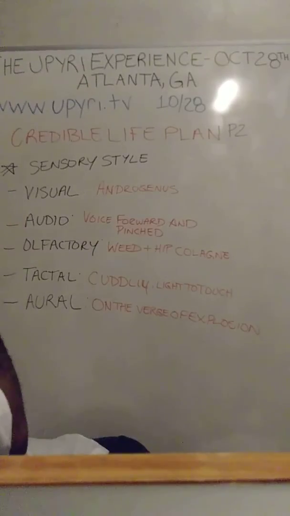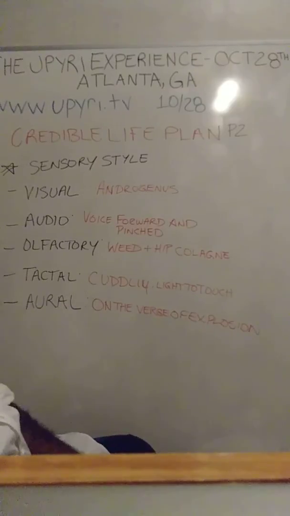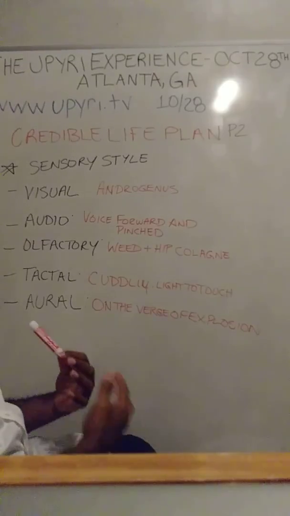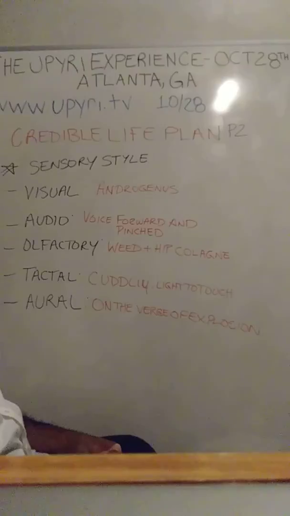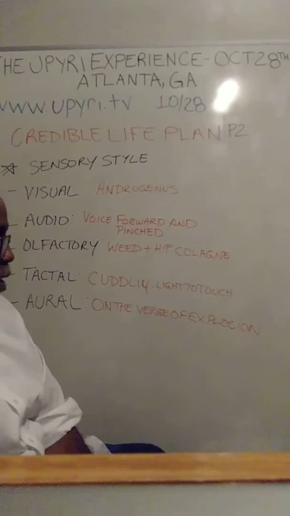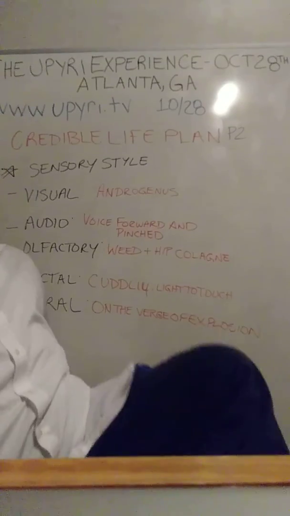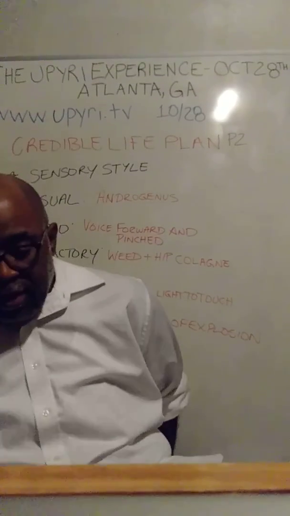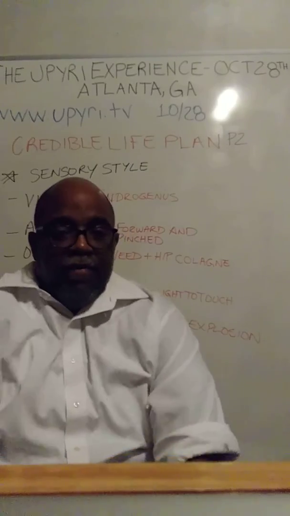Okay, so you have an androgynous dressing person whose voice is forward and pinched, who smells like weed and cologne, who looks cuddly to touch, but gives off an energy that he's at the verge of exploding. I think that's kind of compelling. It's going to be interesting to see with the Queen Mother. So there you have it, part 2 of the life plan for Drayvon Vincent.